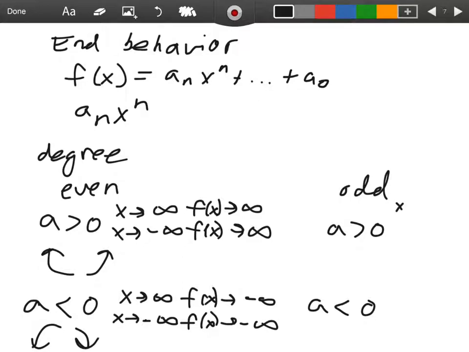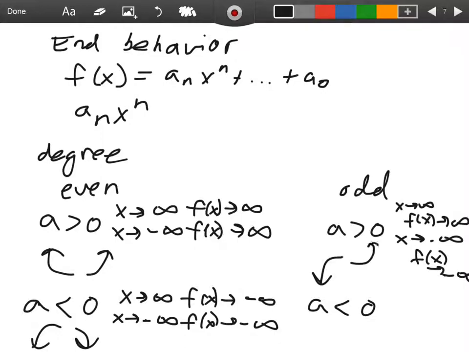Okay, here, if x goes to positive infinity, this guy goes to positive infinity. If x goes to negative infinity, this guy goes to negative infinity. So that looks like this.